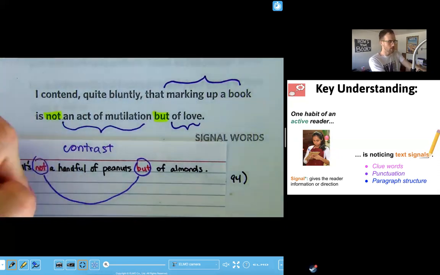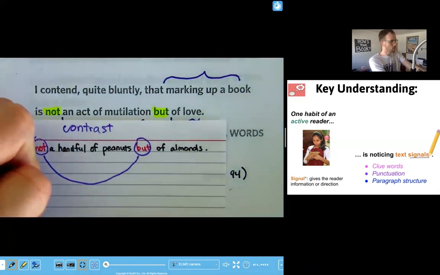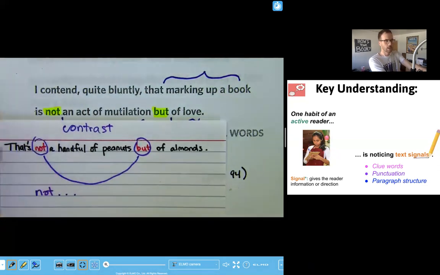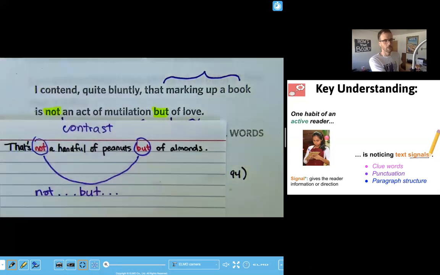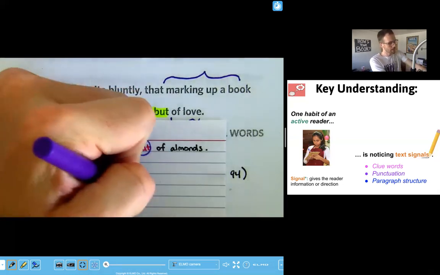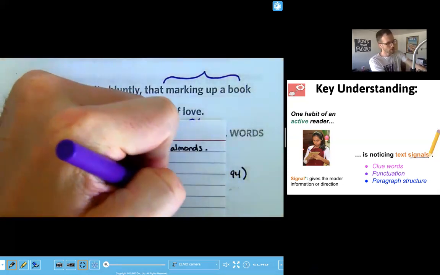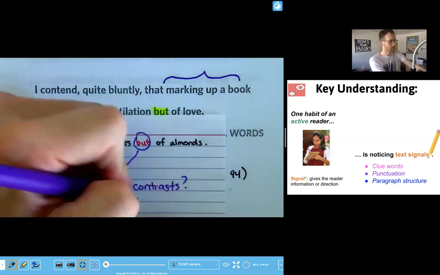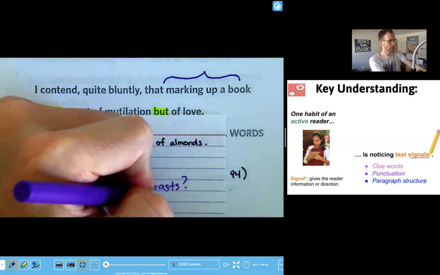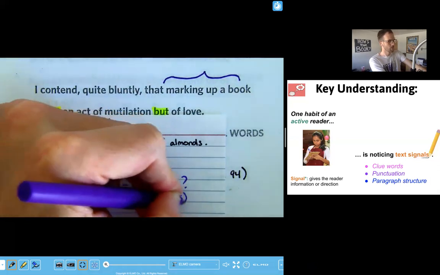So from this, we get the idea that when you see the word "not" followed by the word "but," maybe that's used for contrasts or showing differences. Now, why is this important to this sentence?